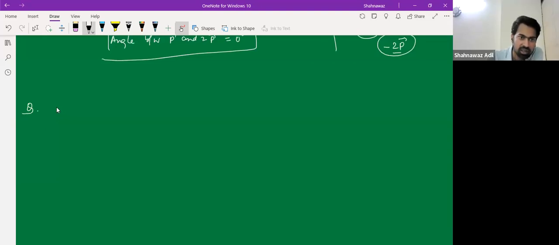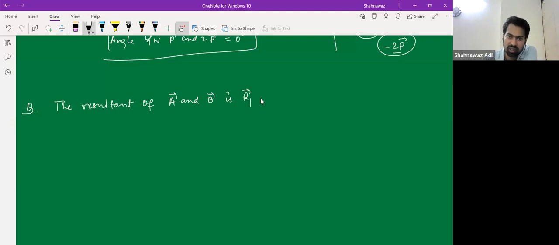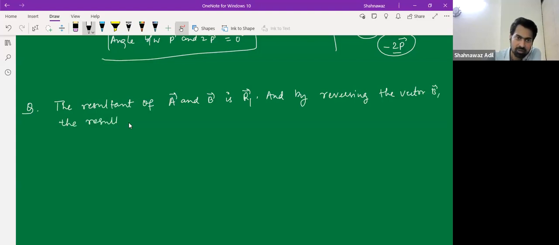Yeah, so let us do one more question. Let's say that the resultant of vector A and vector B is R1, and by reversing the vector B, the resultant is R2.